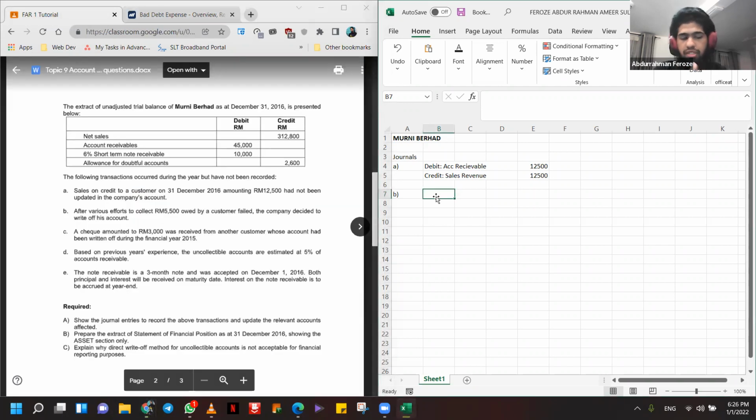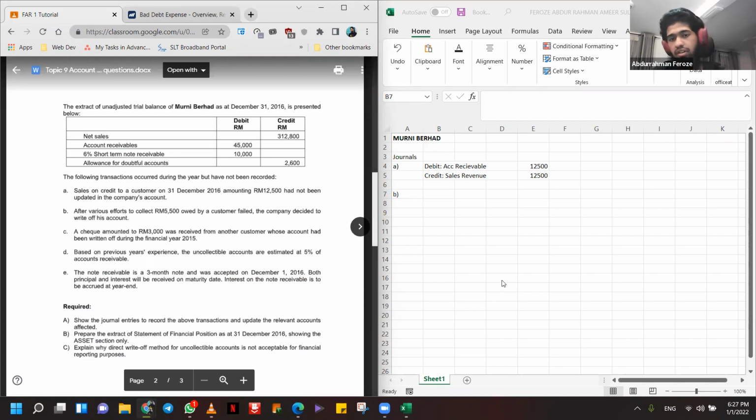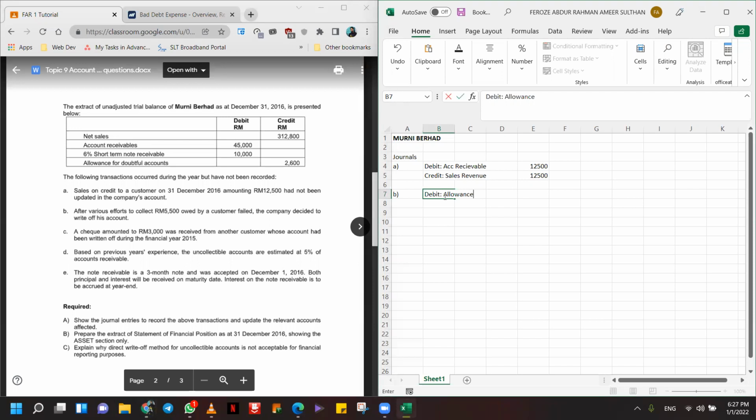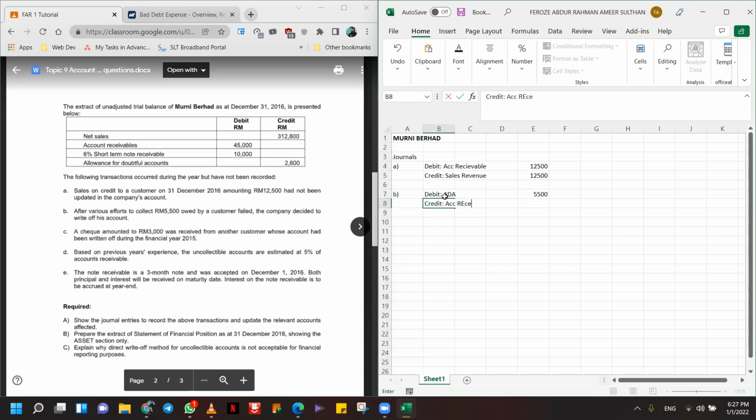Because the company has an allowance for doubtful accounts in the trial balance, that means it follows the allowance method. It doesn't follow the direct write-off method. So over here you debit allowance for doubtful debt, let's call it ADA as a short form. Debit ADA 5,500 and credit accounts receivable 5,500.